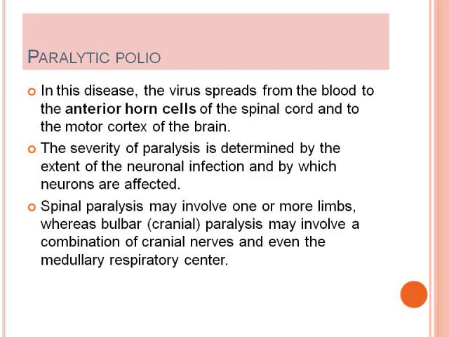If you get a bulbar infection of the medulla oblongata, you may have paralysis of the whole body. The most important thing to keep in mind is that we don't want this virus to invade the central nervous system, because if it does, we may have problems. But if it goes for anterior horn cells supplying one leg or one arm, that's the typical scenario that we normally see.